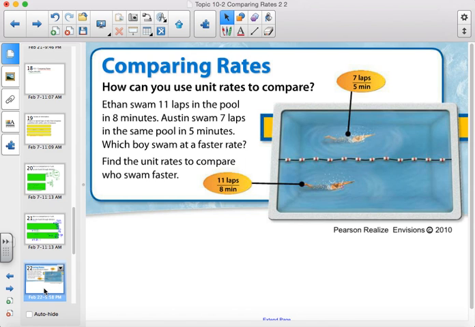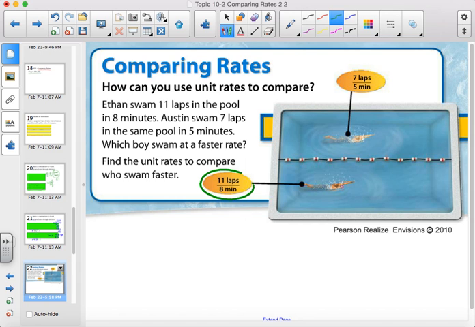How can you use unit rates to compare? And then they give us a situation. Always look at your diagrams first, and you can see that we've got 2 times being run here. Ethan swam 11 laps in the pool in 8 minutes. So this must be Ethan right here. 11 laps in 8 minutes.